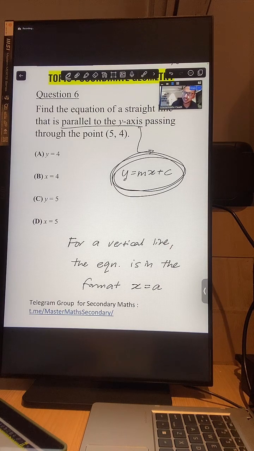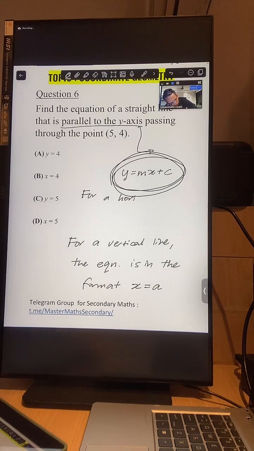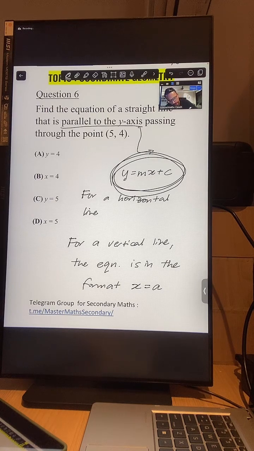So for a vertical line, you don't use y equals to mx plus c. Then for a horizontal line, also you don't use y equals to mx plus c. For a horizontal line, gradient is 0, right?